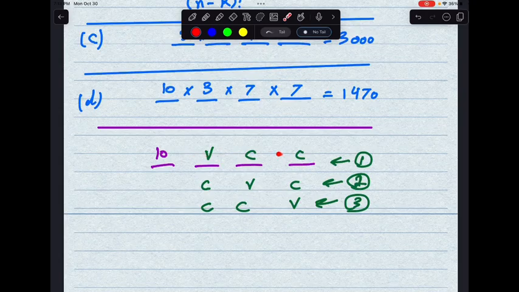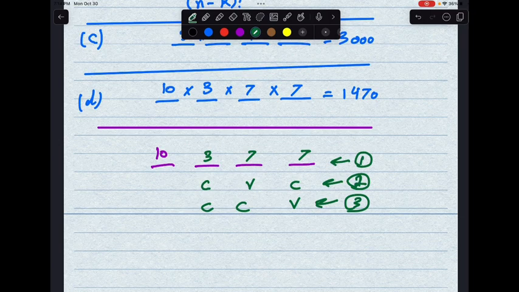For the first situation, we use the multiplication principle. So for the first one, we have vowel, so 3, then 7, then 7 here.